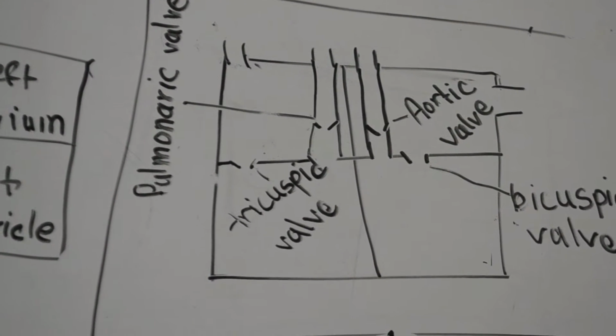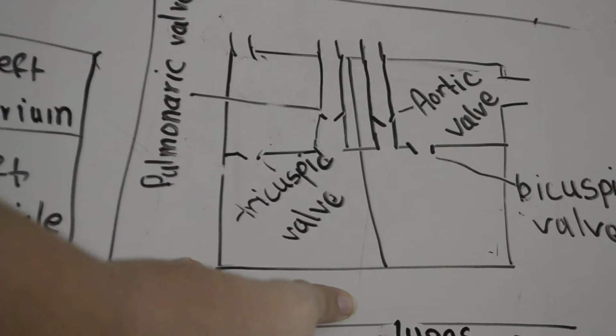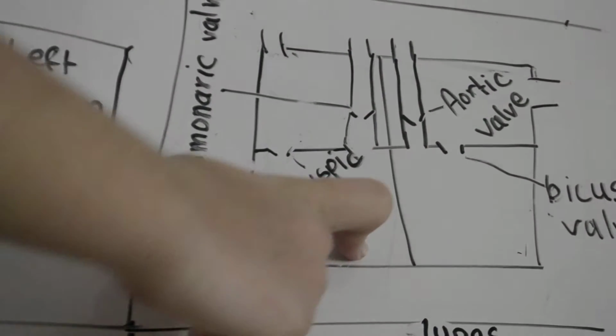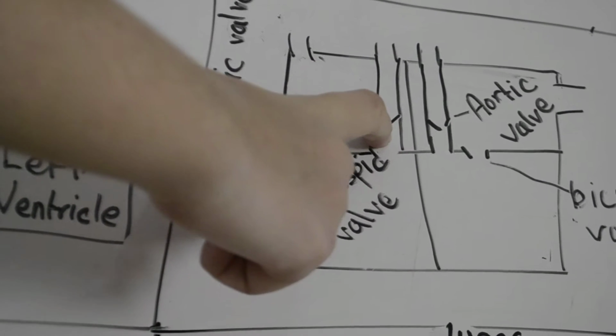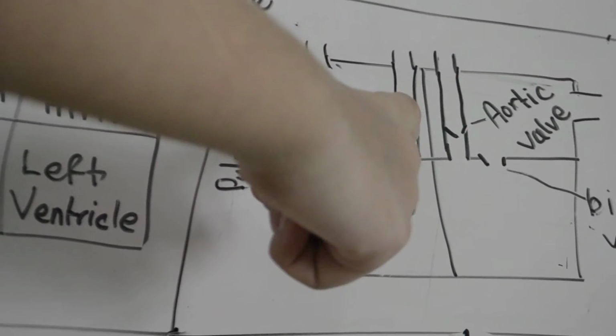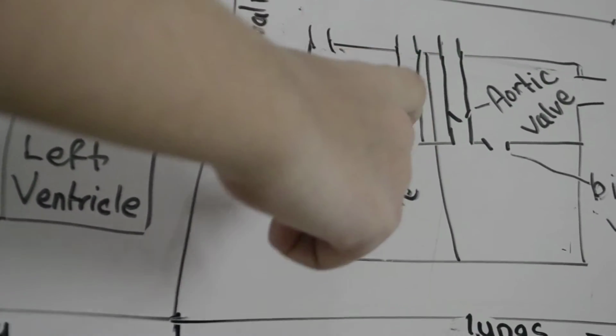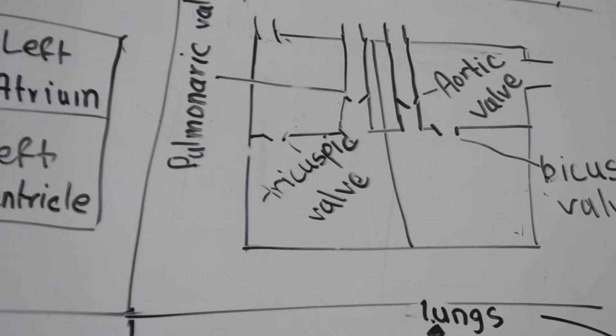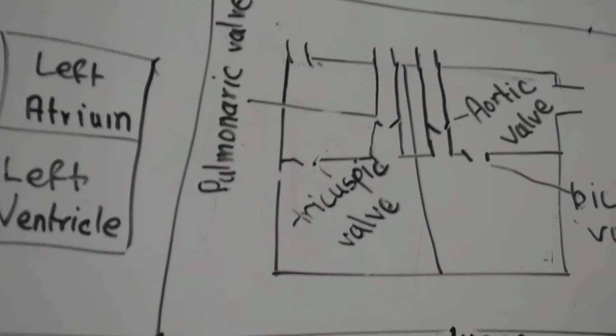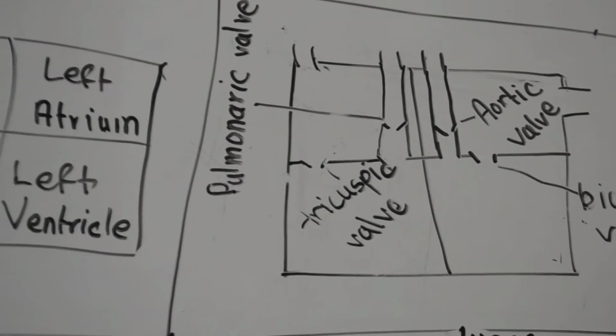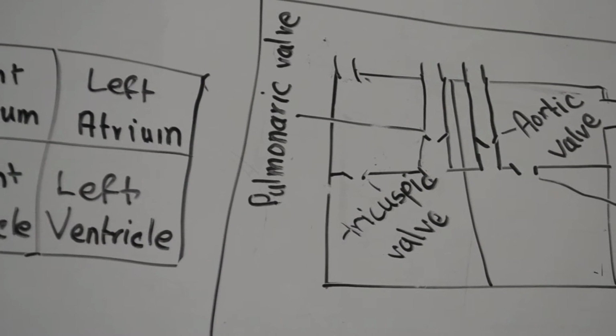So when the ventricles contract, the deoxygenated blood enters the pulmonary artery, before which it faces the pulmonary valve, and then goes through the pulmonary artery to the lungs.